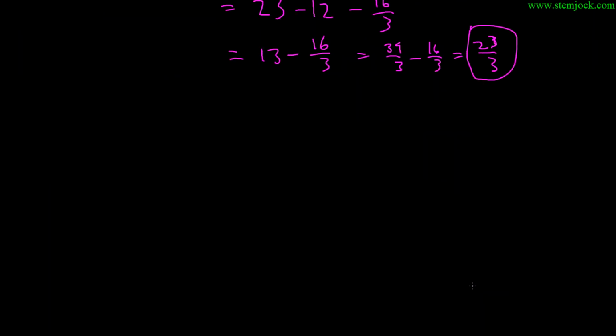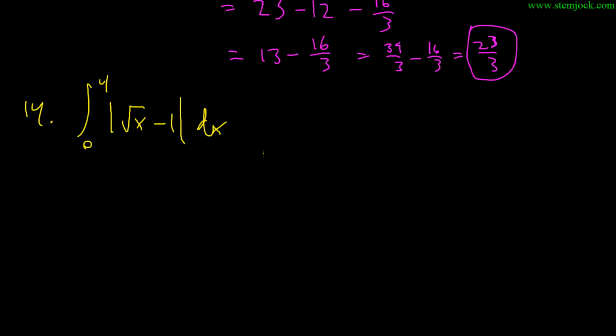Okay, one more. Number 14. Another absolute value function. We have here the integral from 0 to 4 of the absolute value of square root x minus 1 dx. Okay, so again, we can't integrate an absolute value function directly.